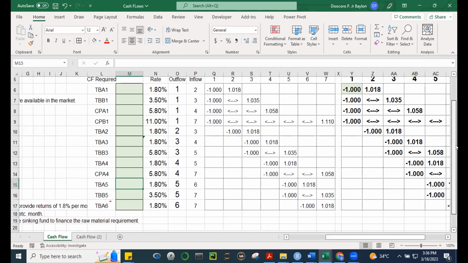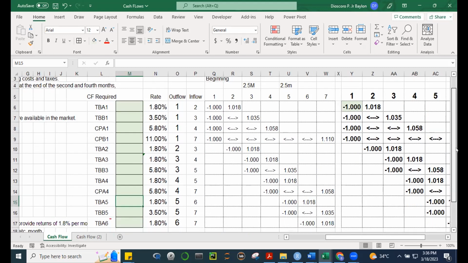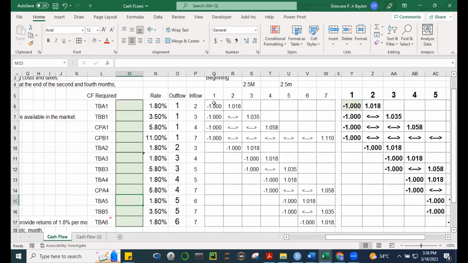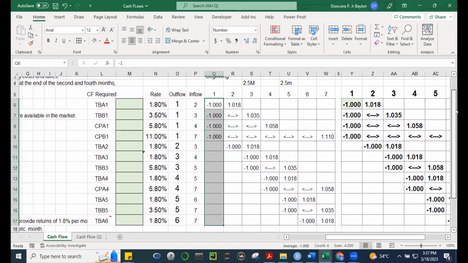And then the question is, how many constraints do we have? Okay. For month 1, do we have any constraint? No, we don't have any constraint for month 1. In fact, month 1 will be the sum of this, which will be our objective function. We should minimize this. Okay, for month 2, do we have any cash flow requirement for month 2? None.